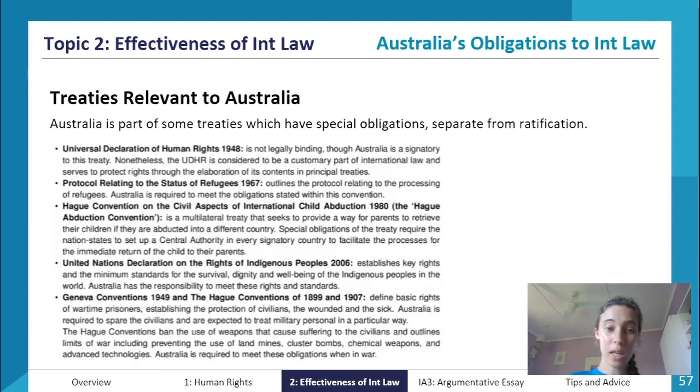So the thing to keep in mind with these is the relevance of this information that we're covering now in this topic to effectiveness of international law. Its relevance to you depends on the assignment that your school has made for your argumentative essay.